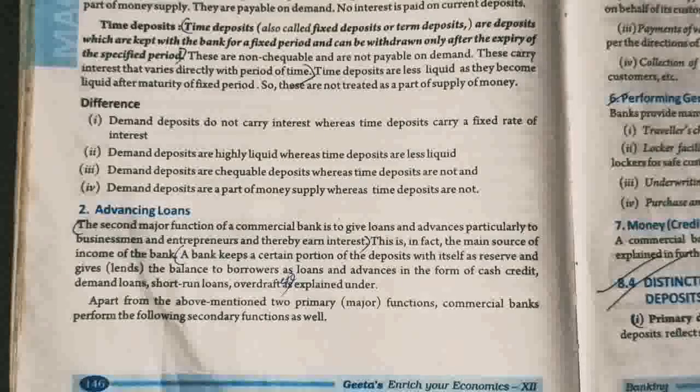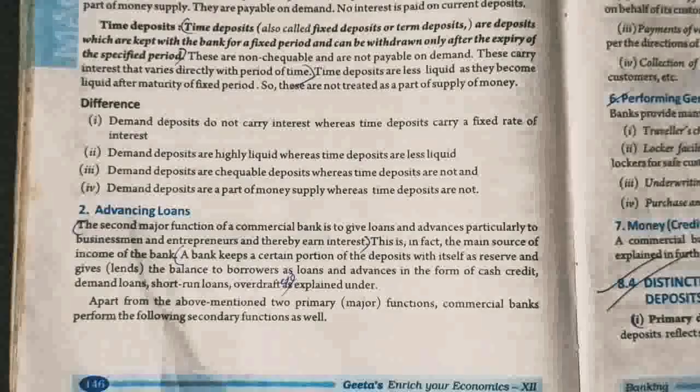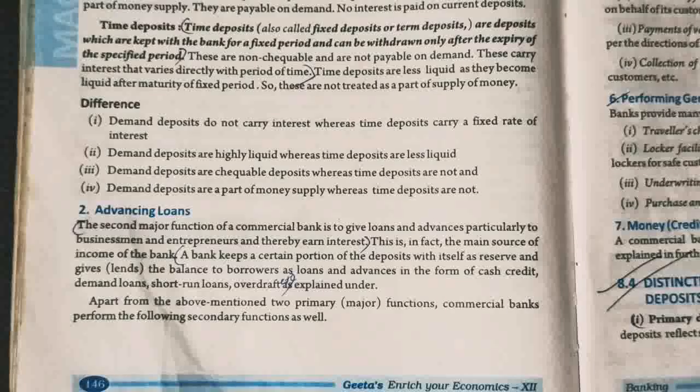Now remember, when the public deposits money in their account, the commercial bank keeps some as a reserve as ordered by the RBI, and from the rest they lend to others in the form of cash credit, demand loans, short run loans, overdraft, etc., which we will explain now.